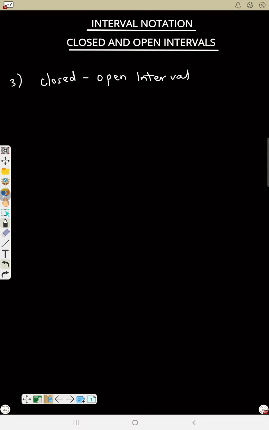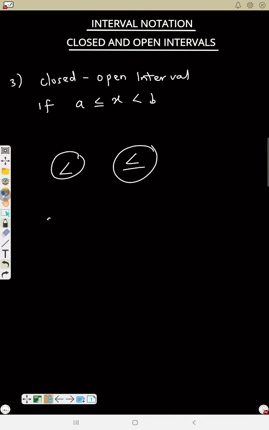So if a is less than or equal to s, that is closed, and s is less than b, that is open. So you should know by now, less than is open, less than or equal to is closed, meaning if it is less than, the number will not be there. If it is less than or equal to, the number will be there.